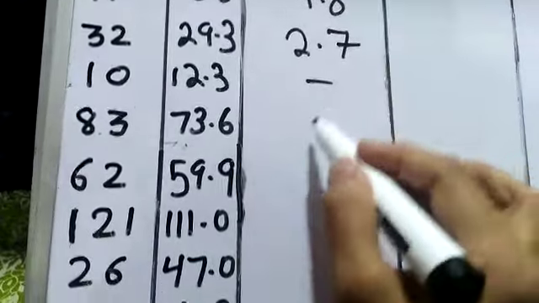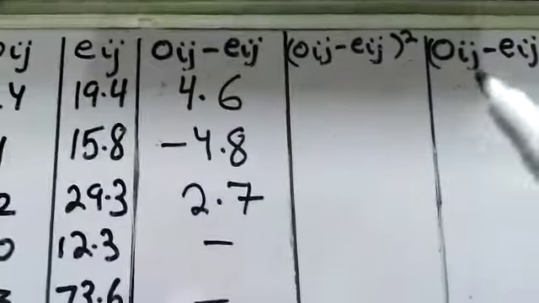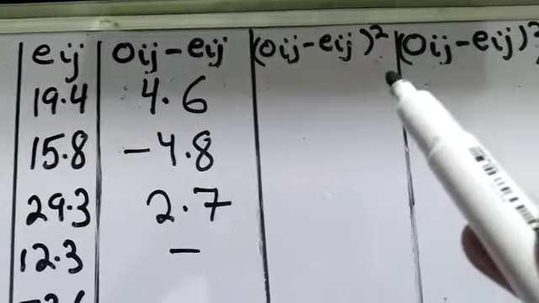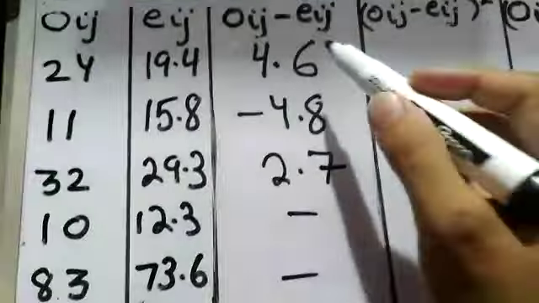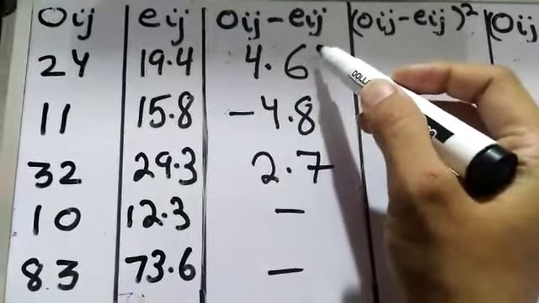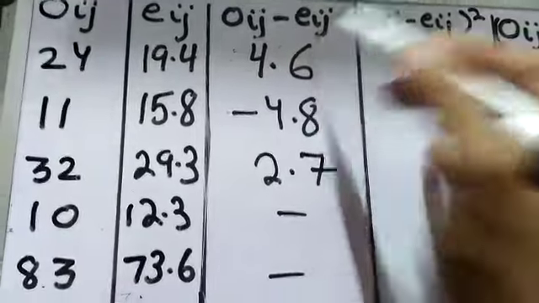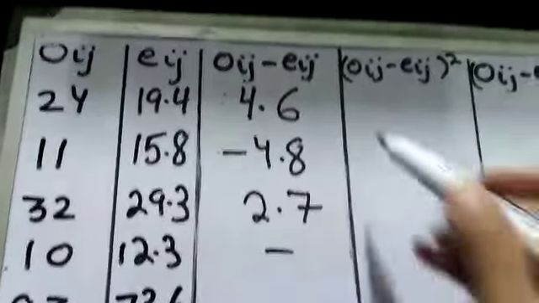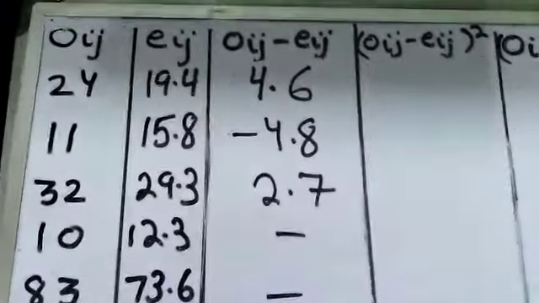Up to so on, in the similar way, we will calculate all the required entries of the column. The next is OIJ minus EIJ square. This means we have to take the square of the previous values, the square of OIJ minus EIJ, 4.6.